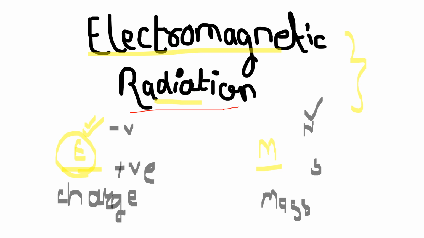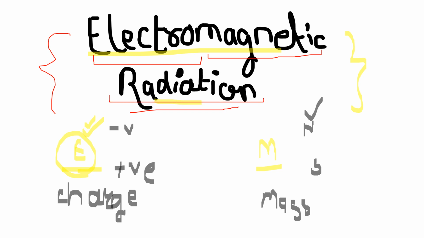So these are all types of electromagnetic radiations which contain both electric and magnetic properties, and are produced by different variations or different sources.